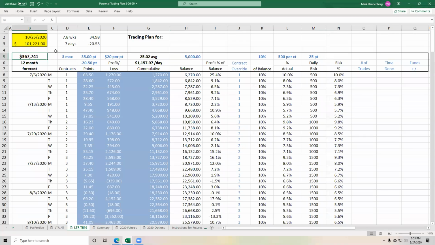And we are on a run rate, recycling our capital, trading the same capital day in and day out, and scaling our contracts up to 3 contracts. We're on a pace to have an income over a 12-month period of $367,741.